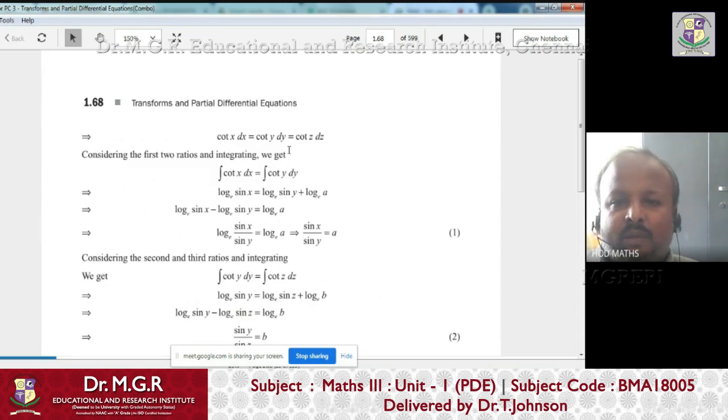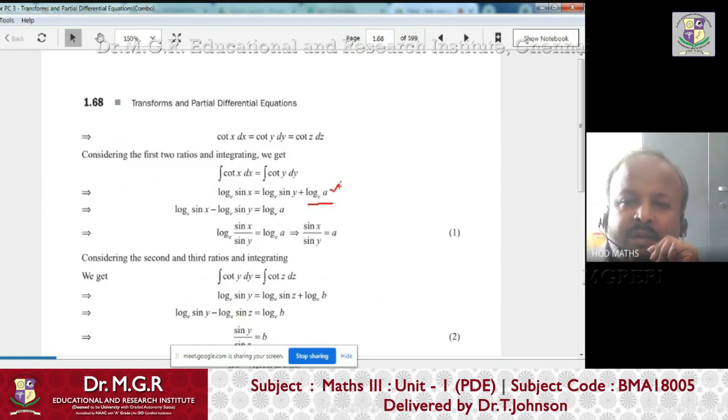So you take 1 and 2, right? Integral of cot x is log sin x. Similarly, cot y is log sin y. Then they have put log a. Then you may ask, sir, usually they put only an arbitrary constant, why are they putting log of a?